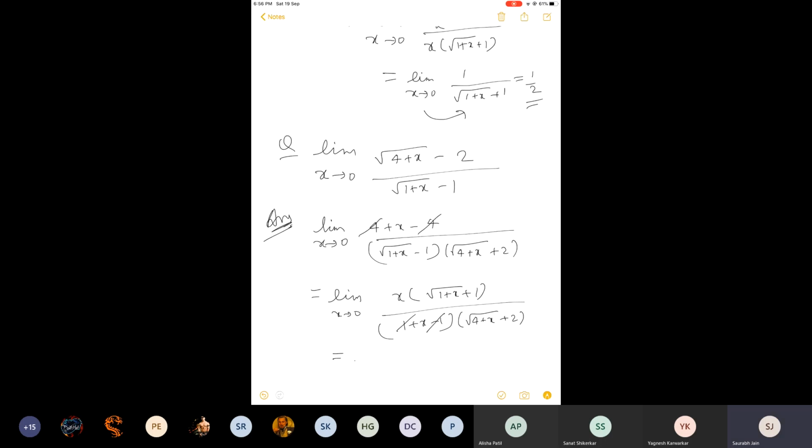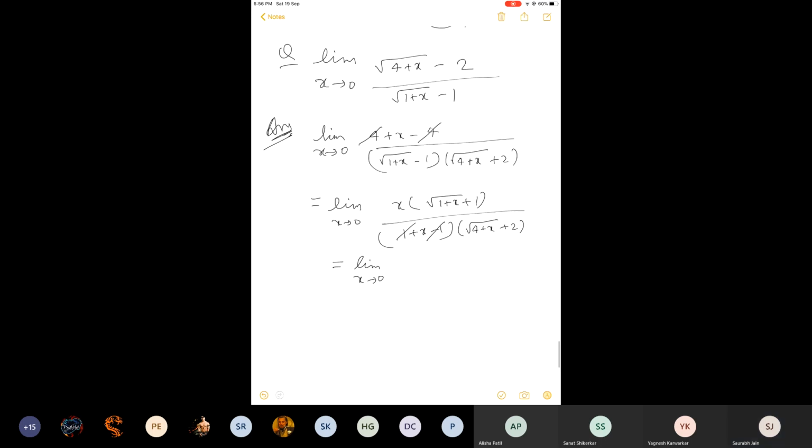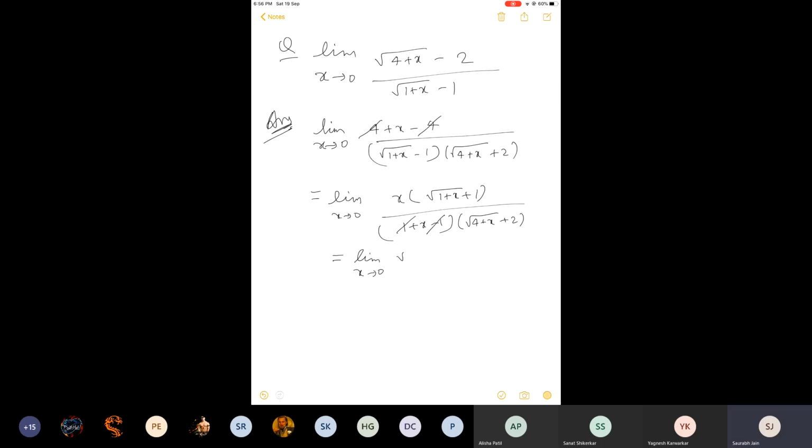Now you can see that x can be cancelled from numerator as well as denominator. Cancelling numerator and denominator, this is leading us to under root 1 plus x plus 1, and this is root of 4 plus x plus 2. And because of that, when we put x equal to 0, we will get, so we are not getting minus, right?